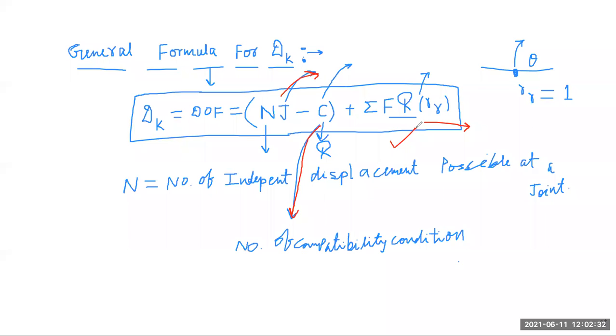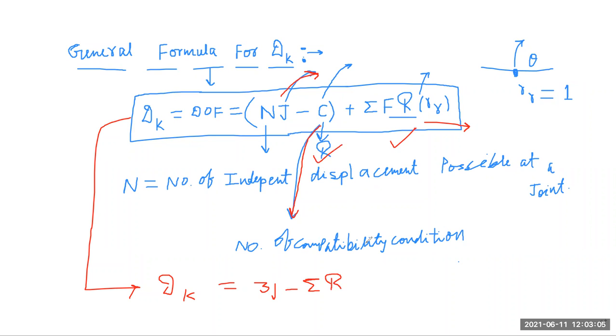From this formula I derive the formula for plane frame like this. I write dk is equal to, for plane frame, 3j, 3 into j, minus summation of c or summation of r here, because c and r both are the same thing.